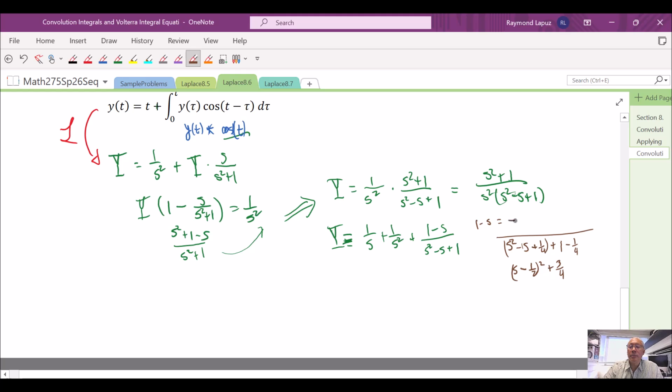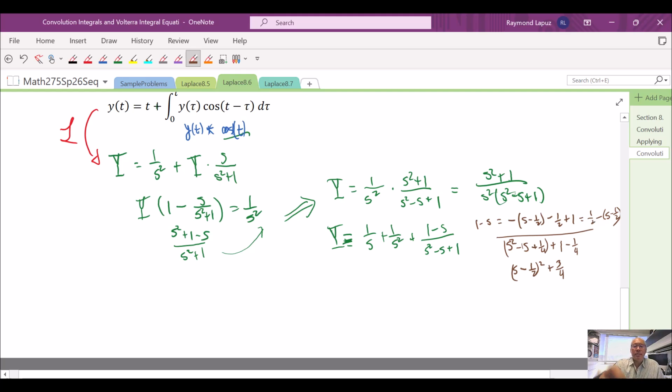So this is going to be minus (s minus 1/2) plus, minus minus, so I'm actually adding a 1/2, which means I need to take out a 1/2. And then there's a plus 1 here. So this will be a plus 1/2 minus (s minus 1/2). All right, I think that does it.